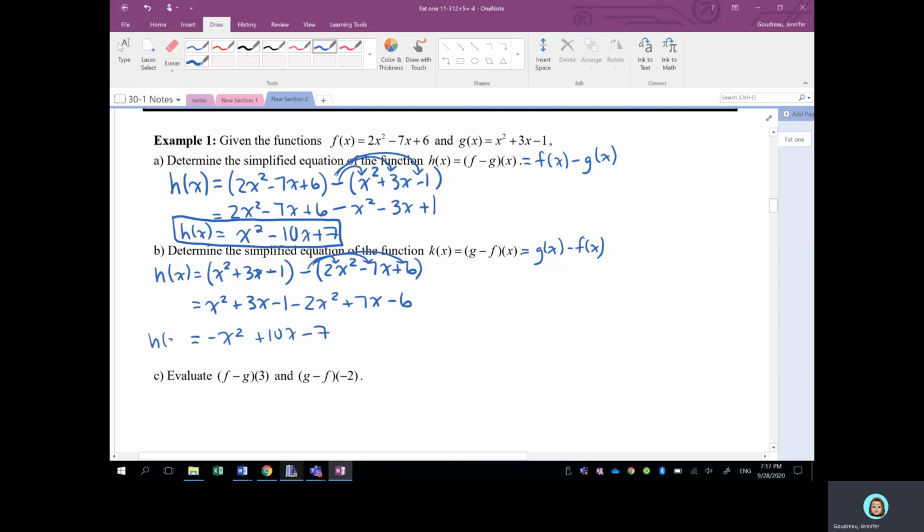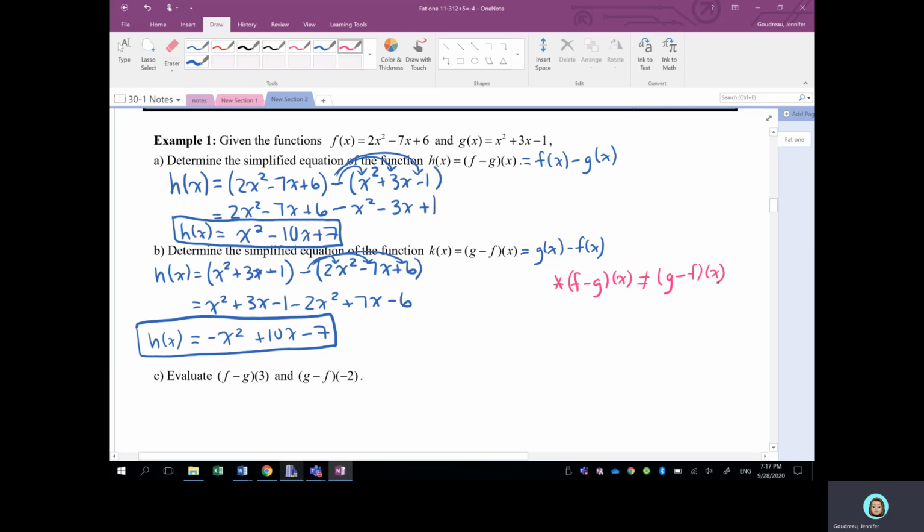And we can see that h at x is a different function for part B than it is for part A. So we should probably make a little note here that f minus g at x is not equal to g minus f at x.